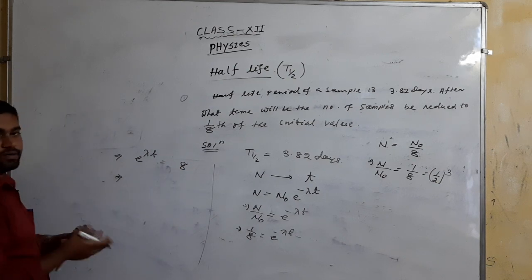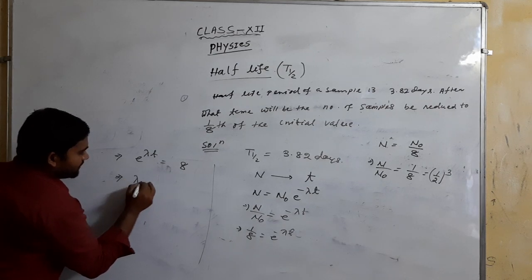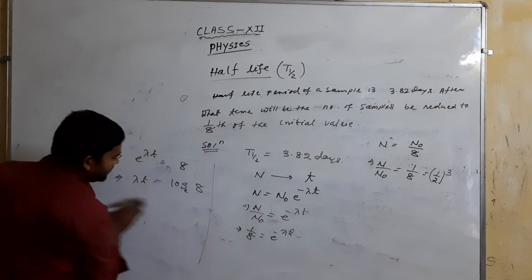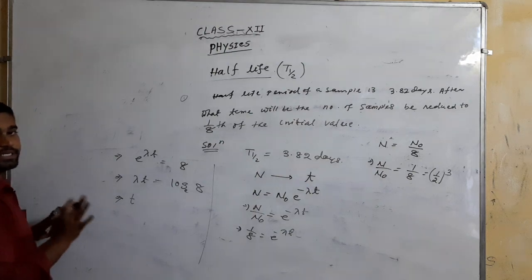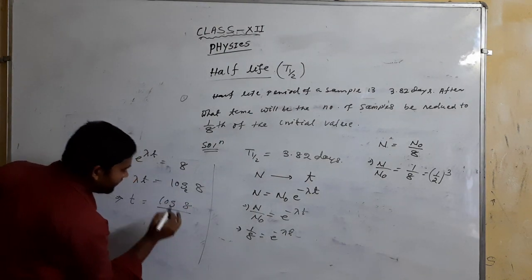Take log on both sides: lambda t equals log 8 with base e. So t, the time, equals log 8 divided by lambda.